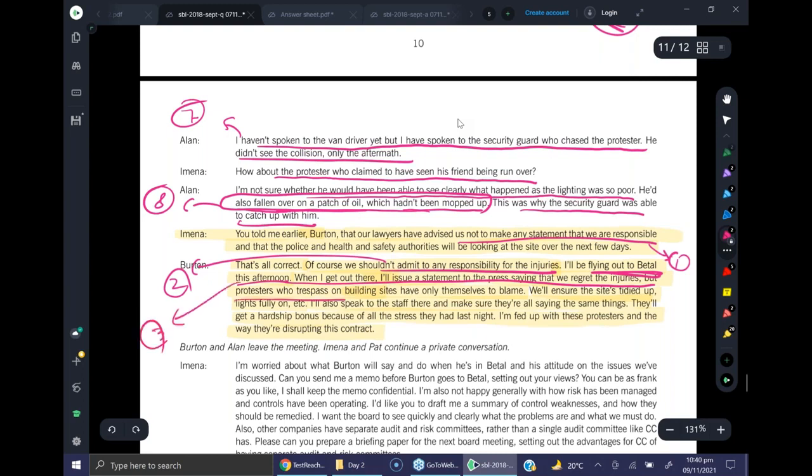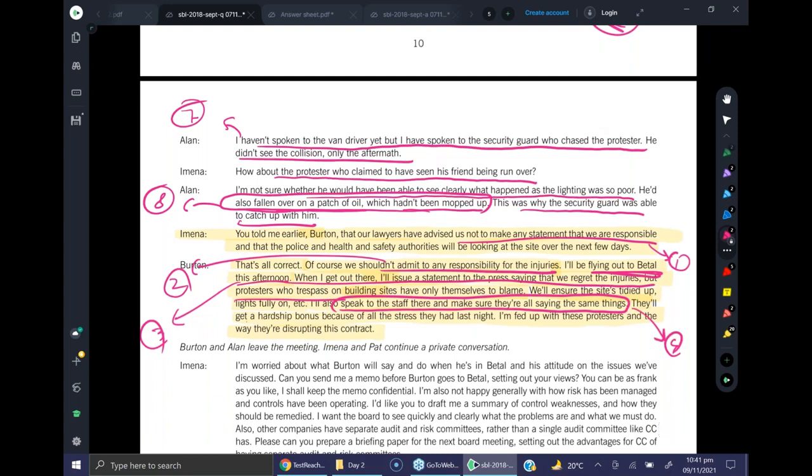Overall leadership for ethics and integrity seems to be missing. So that's the third ethical problem. Also, I will speak to the staff and make sure they are saying the same things. What does that mean? Intimidating the staff as well. And what do you think of the hardship bonus? That's bribery. So all 5 points are here in this particular paragraph. The only thing you need to do is to explain the impact on reputation. Any questions?